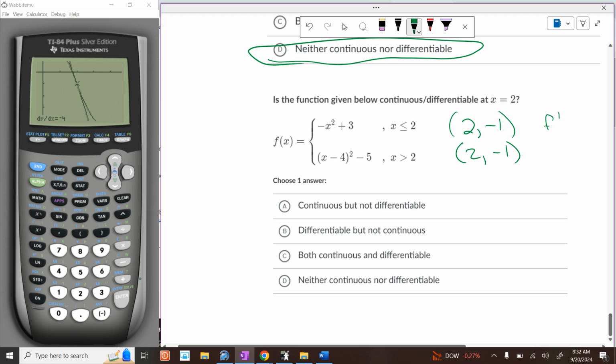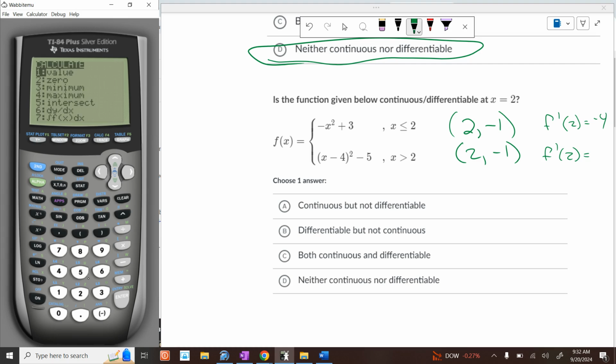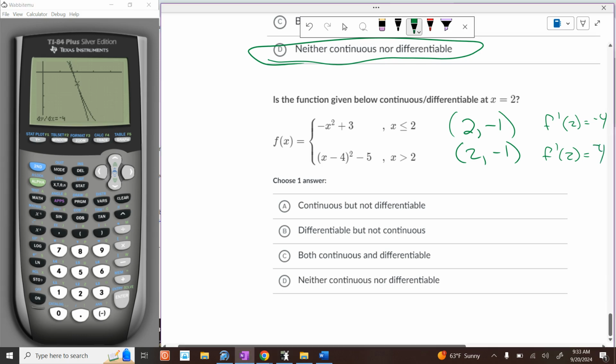So f prime at 2 is -4. Let's see what the derivative is here. Second trace, 6, and I make sure I jump lines so y2 is up. I go to 2, and that is also -4. If they're the same, then they're both continuous and differentiable.